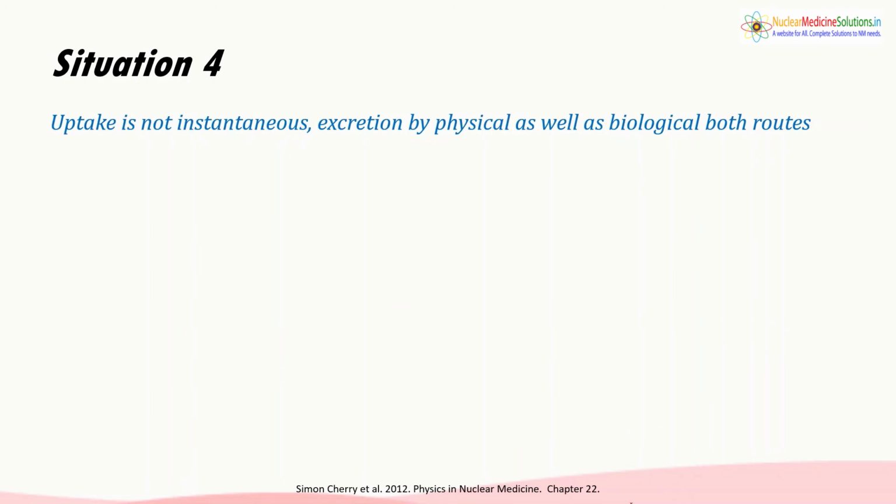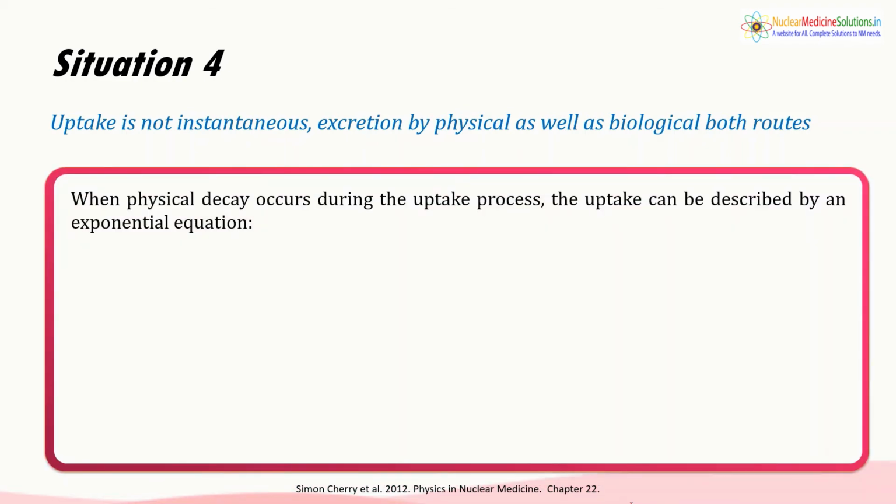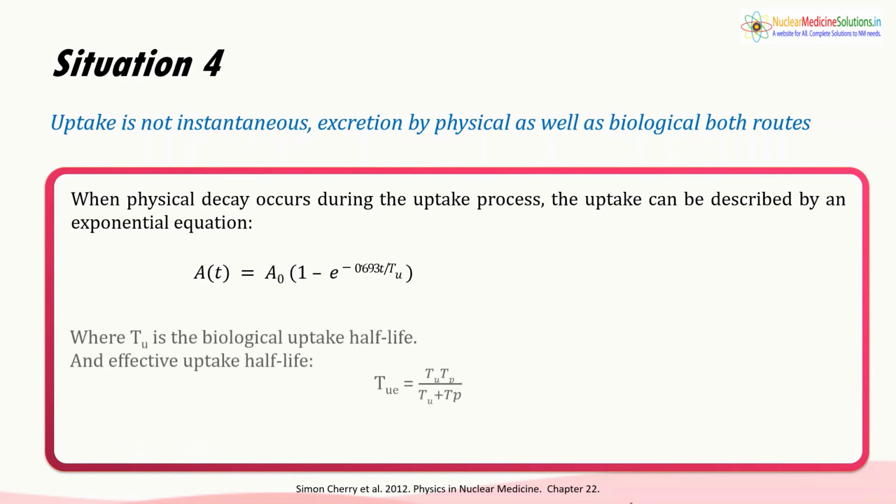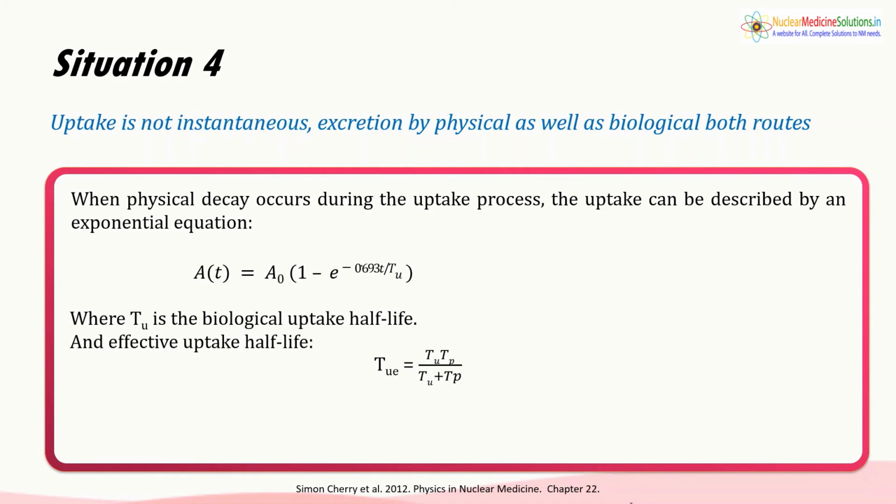In the fourth situation, uptake is not instantaneous and excretion is by physical as well as biological routes. When physical decay occurs during the uptake process, the uptake can be described by an exponential function: At equal to A0 times (1 minus e to the power minus 0.693 t by Tu), where Tu is the biological uptake half-life.